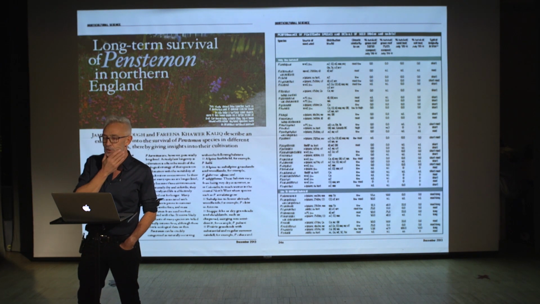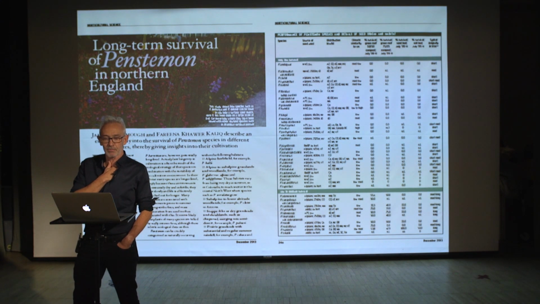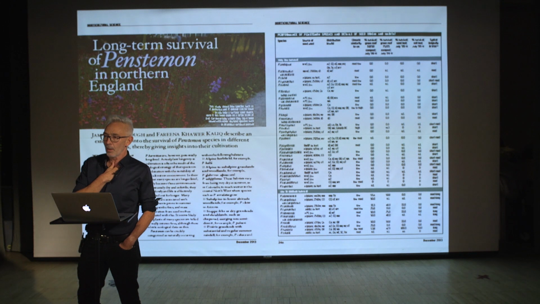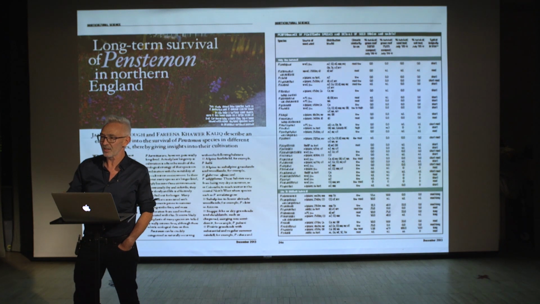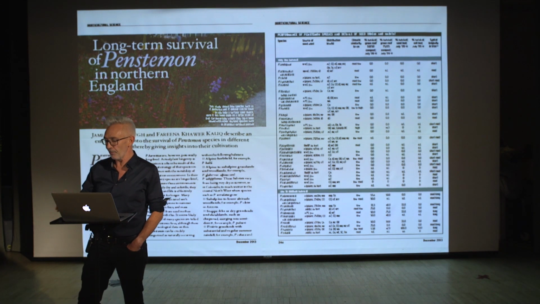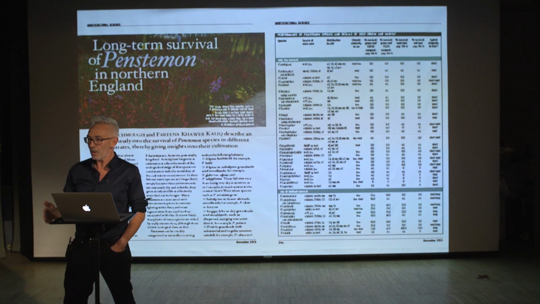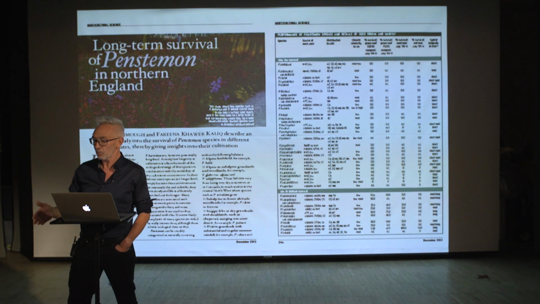And that's a little paper, not a heavy academic paper, but very much research based on about 120 penstemon species from the US, because we need to know as designers how many of them will simply fall off the edge and die, and how many of them actually live for 25 years. And some do live for 25 years, but mostly they don't.